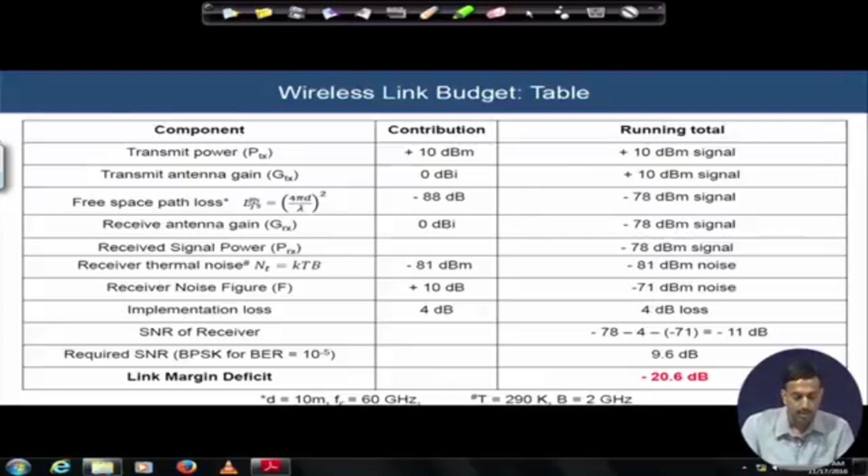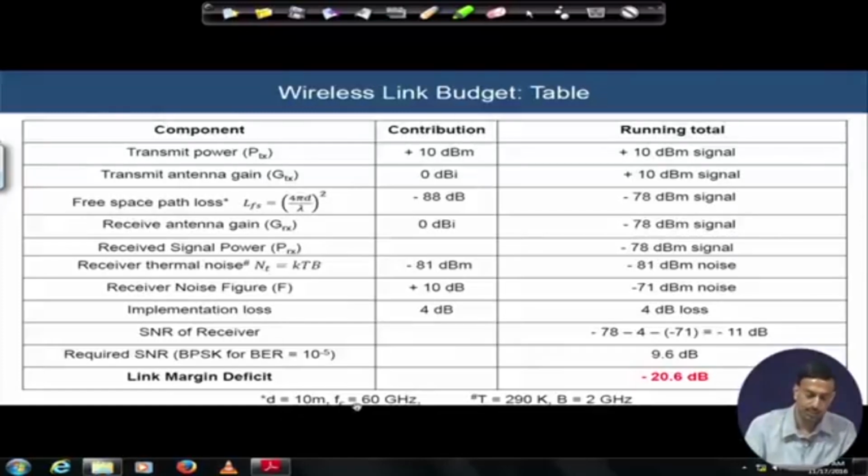The free space path loss is given by the formula as already mentioned, that is the free space transmission formula. We have a distance d of 10 meters. If you substitute d equal to 10, and lambda, basically the wavelength, has to be calculated based on the carrier frequency.